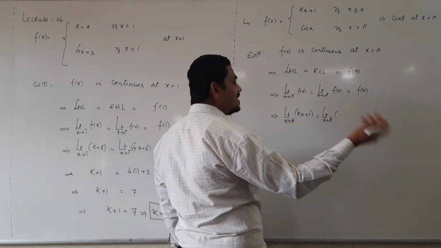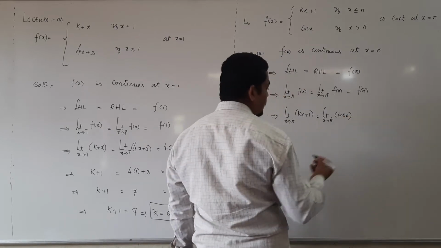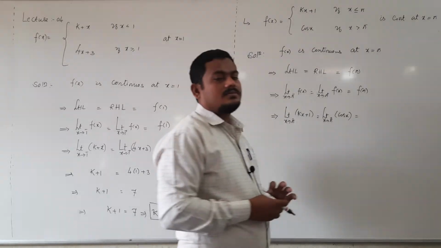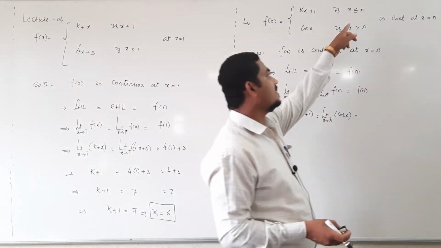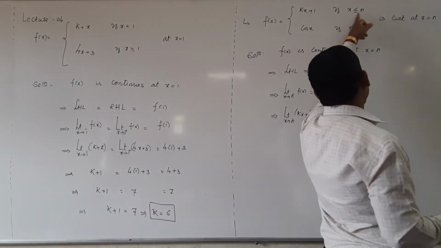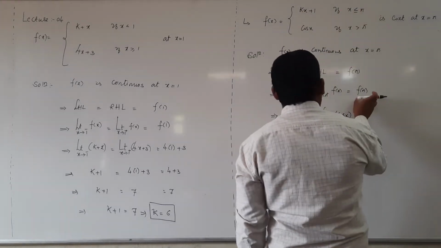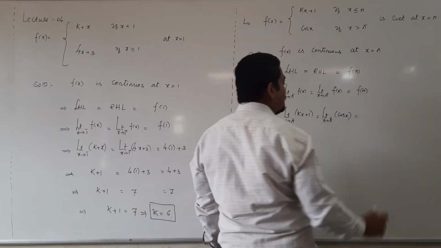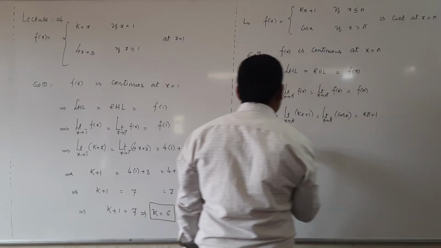When x value is just more than pi, then the function is cos x. That equals f of pi. When x is exactly pi, then f of x is kx plus 1. Then f of pi means in this expression replace x with pi, then it will be k pi plus 1.